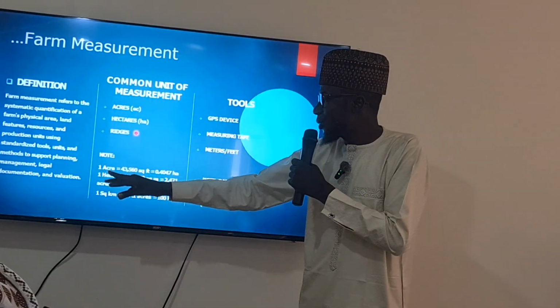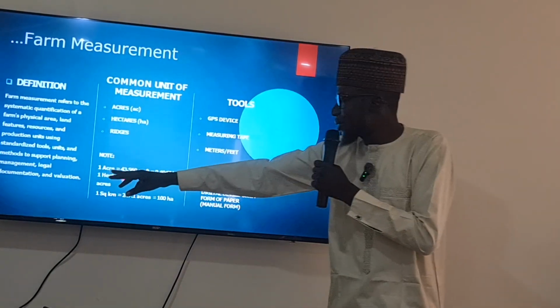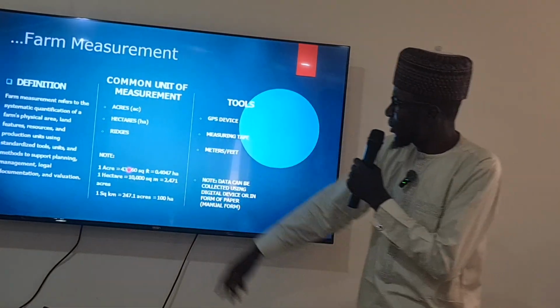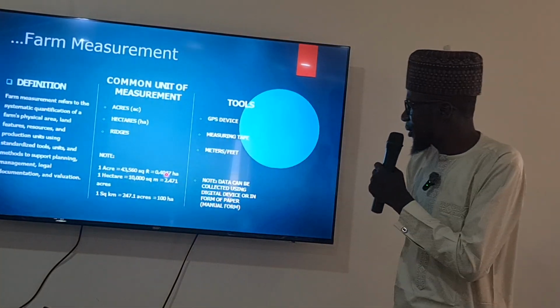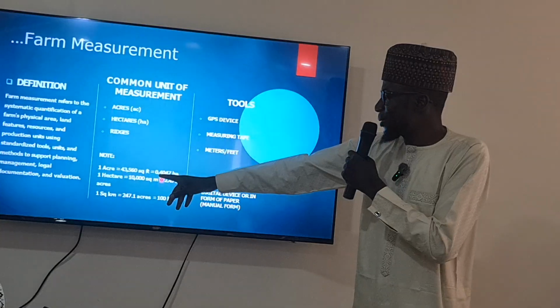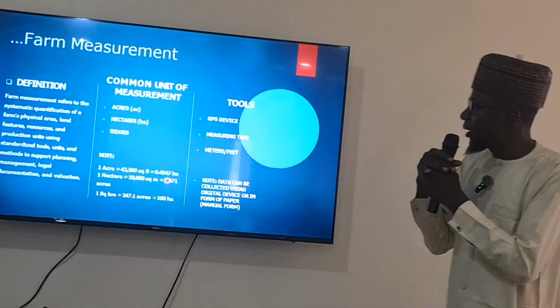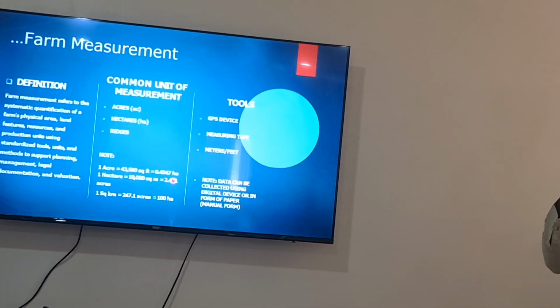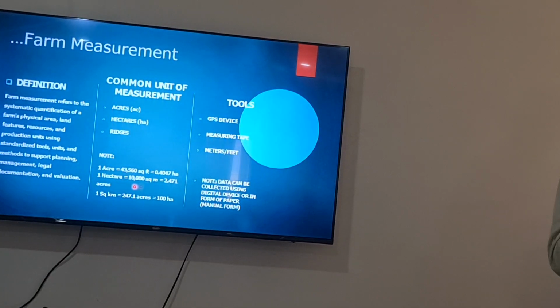Note, 1 acre, like you see it here, is equivalent to 3,400 square feet, which is equivalent to 0.4 hectares. I don't know if I'm right here, because you are more experienced than me in this.